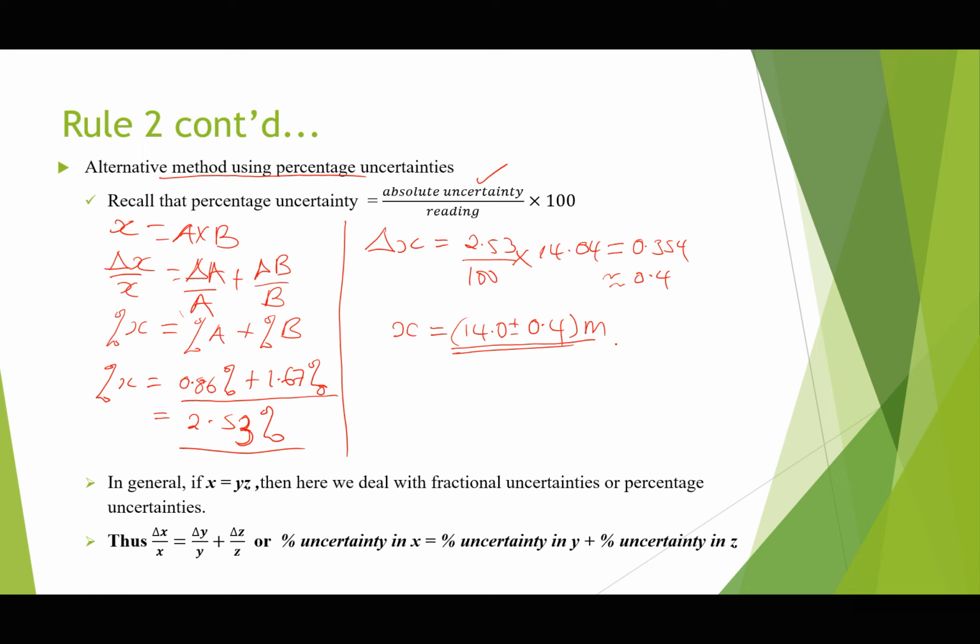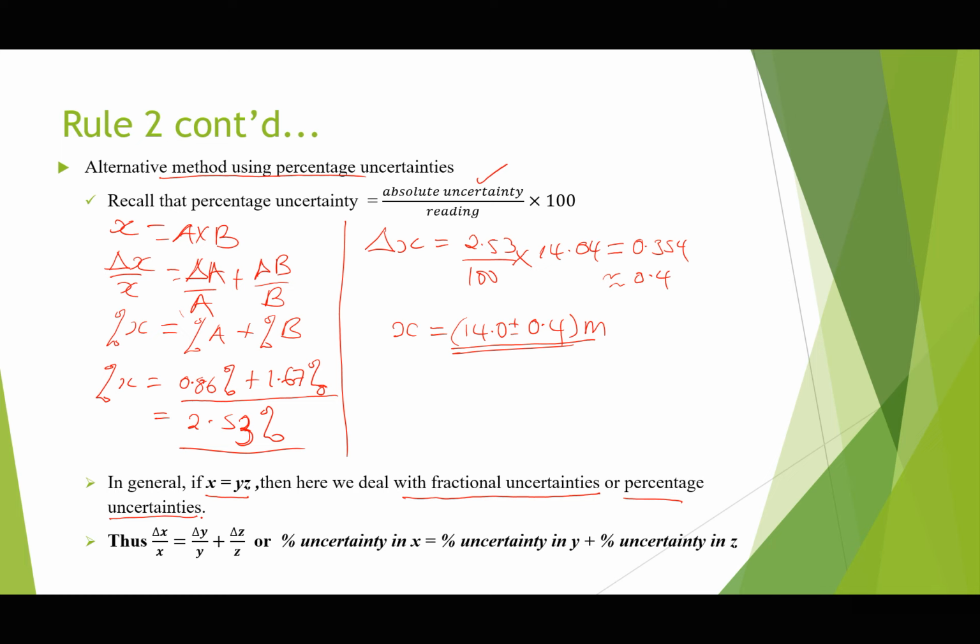So in general, we are saying if we have a product, then here we deal with only fraction uncertainties or percentage uncertainties. By the way, the same thing applies to division.